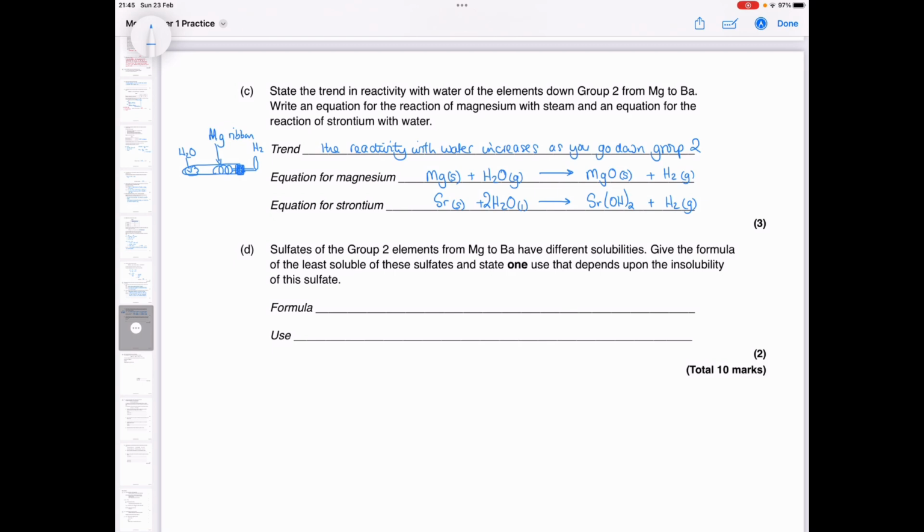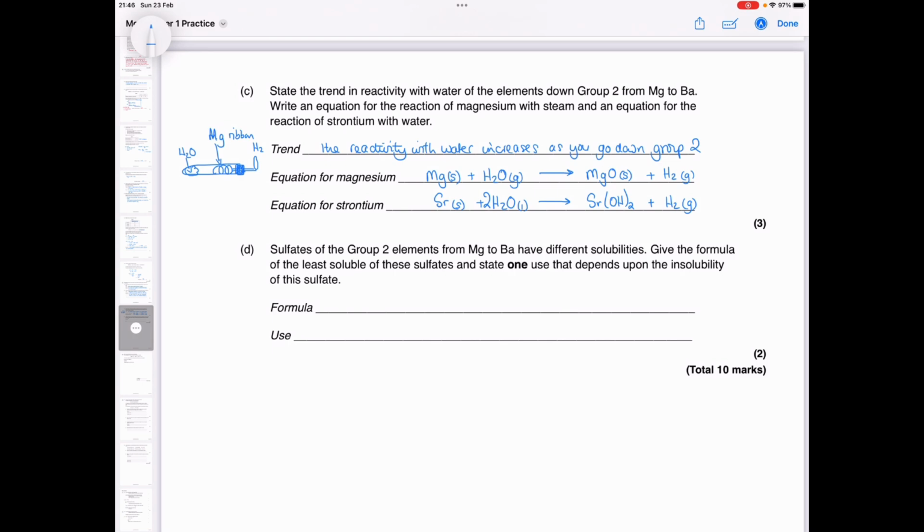Okay, part D, sulfates of the group 2 elements from magnesium to barium have different solubilities. Give the formula of the least soluble of these sulfates and state one use that depends on the insolubility of this sulfate.